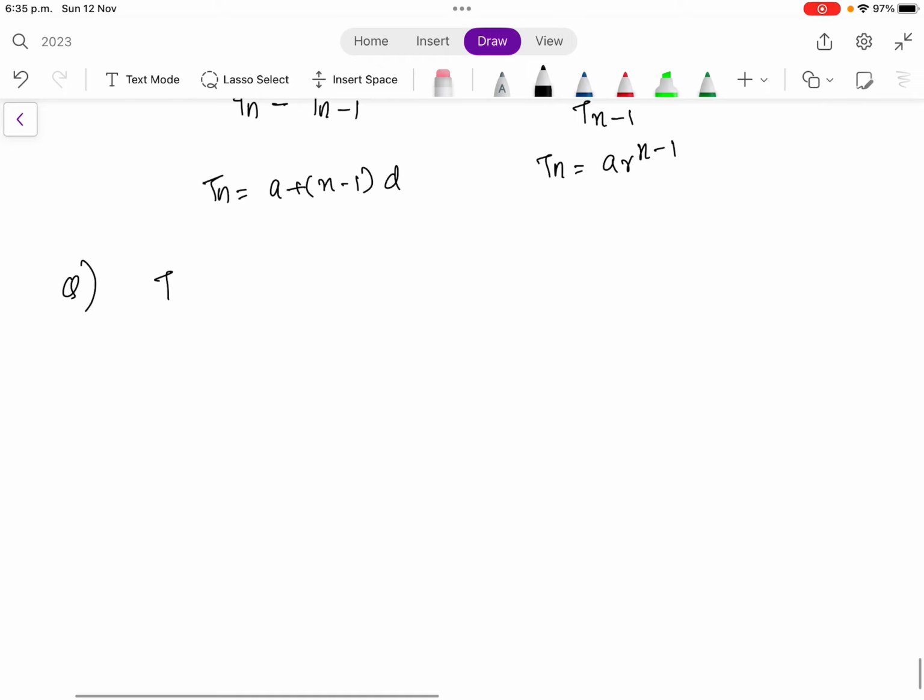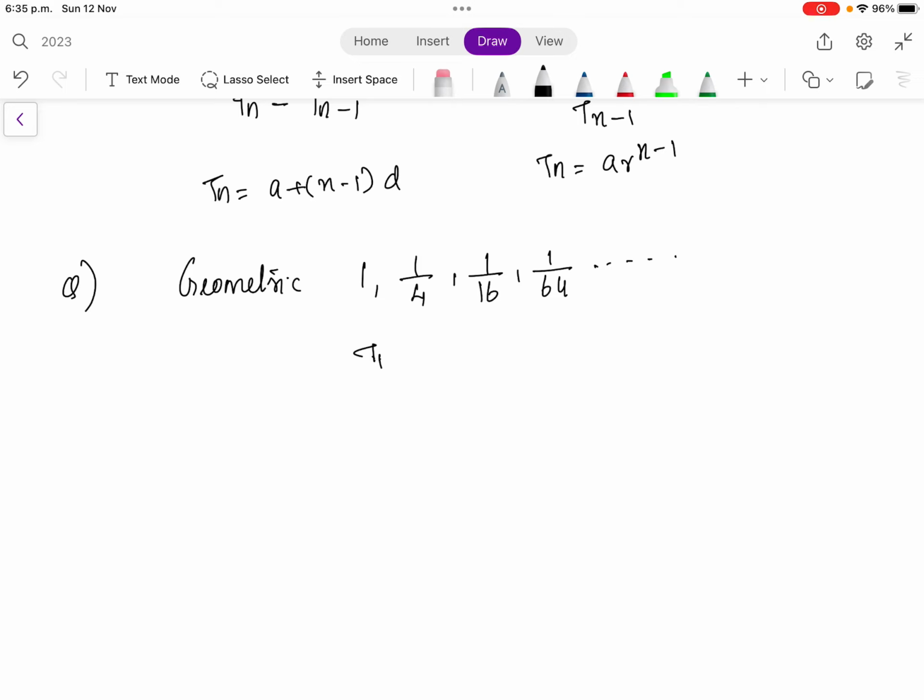If there's a geometric series 1, 1 over 4, 1 over 16 and 1 over 64 and goes on like this, find tn. Okay, so to find tn, you have the formula ar to the power of n minus 1.